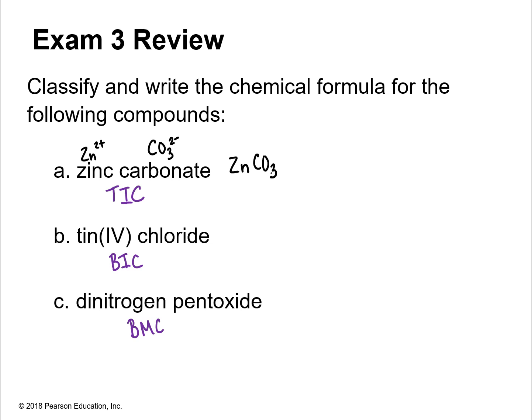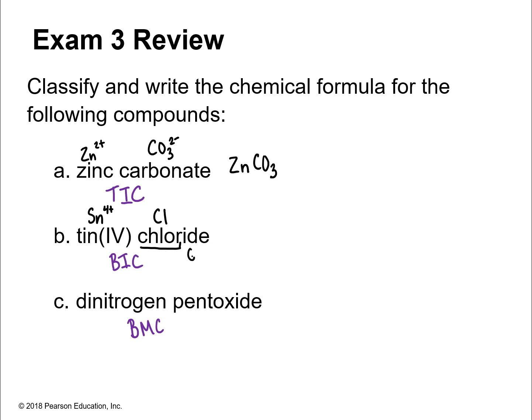Tin 4 chloride. Tin 4 tells us what the charge is. So tin is Sn, and its charge is 4+. Chloride, well, we're looking at this first piece here, the chlor, that tells us it's chlorine.